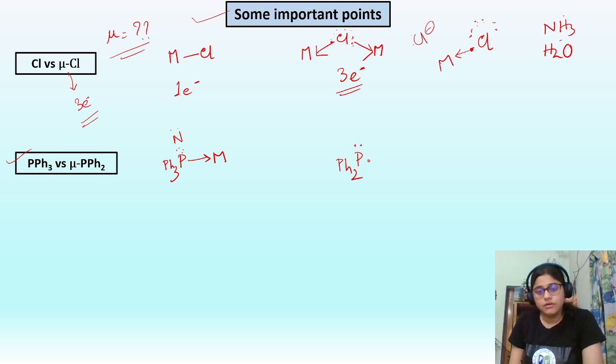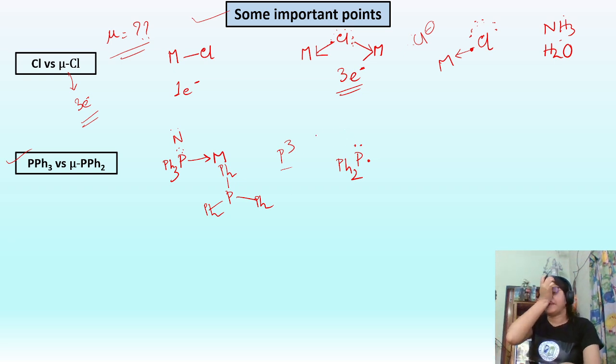Because like for PPh3, this one is there, right? Like that. It actually has p3 configuration. So 3 electrons, yes, 3 electrons will be there, and 2 s electrons are actually here, the lone pair.